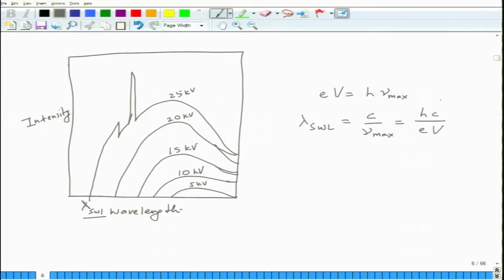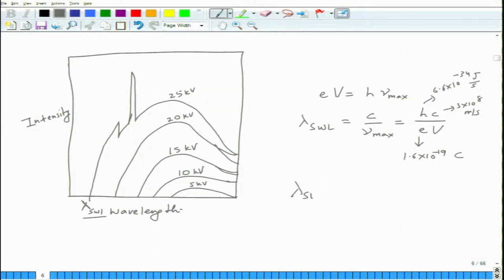So if you work this out, h is Planck's constant, 6.6 into 10 to the minus 34 joule second. c is 3 into 10 to the power 8 meter per second. Electron charge is 1.6 into 10 to the minus 19 coulomb.